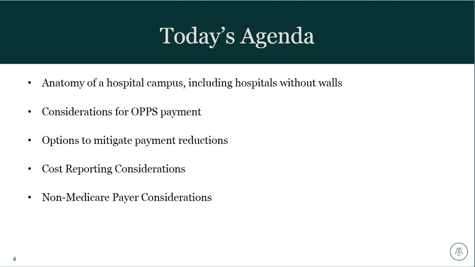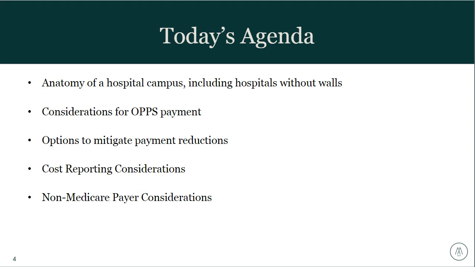So what we're going to really cover is understanding all the different parts of a hospital, including under the COVID environment, the so-called Hospital Without Walls program or opportunity. We'll think about how it impacts outpatient prospective payment system reimbursement for Medicare. We might touch on some of the developments in commercial payer as well.